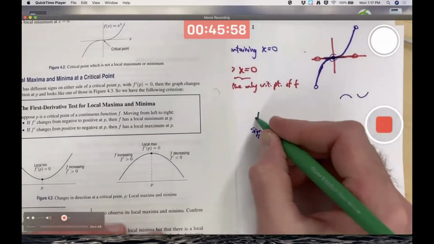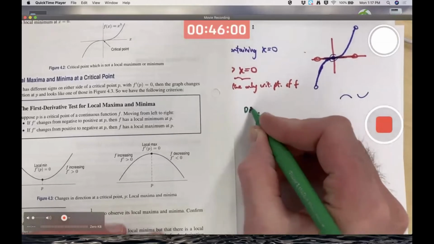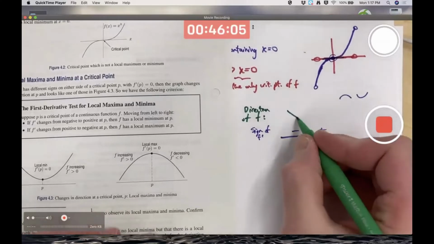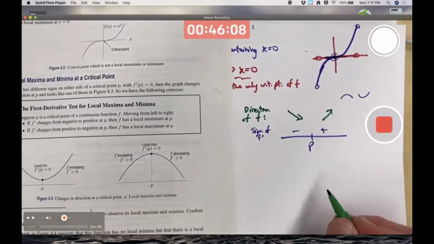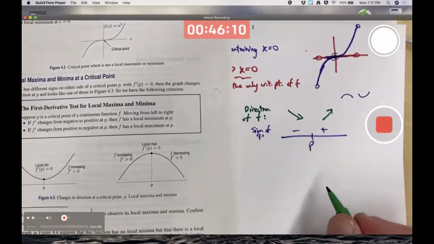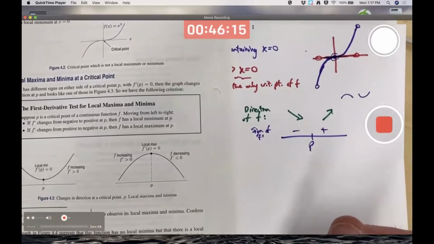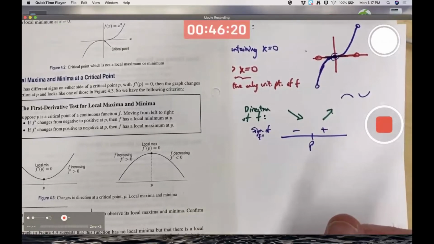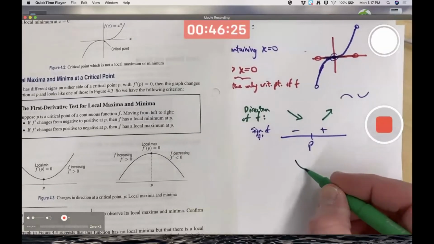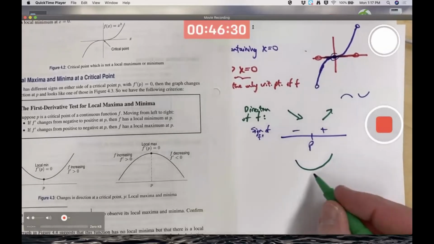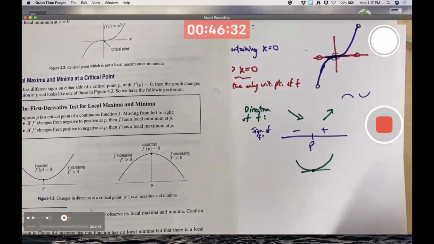Then f itself changes direction from decreasing to increasing as you increase through p. In other words, at p, you've got to have a low point. And if f prime of p exists, the graph will look like part of a smile with a low point at p. There's a local min there.